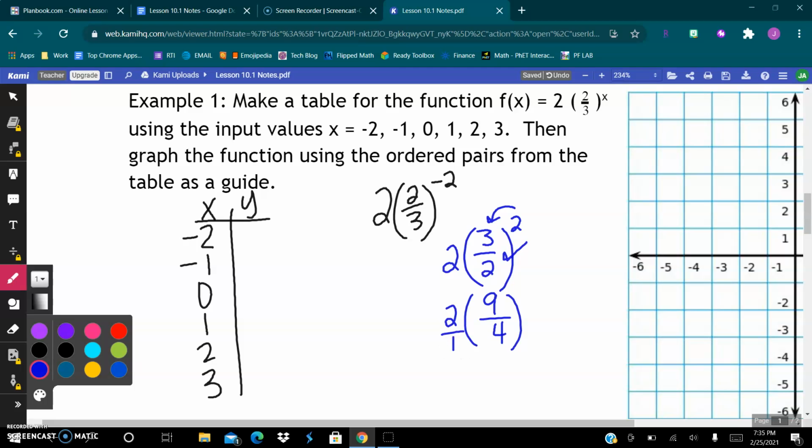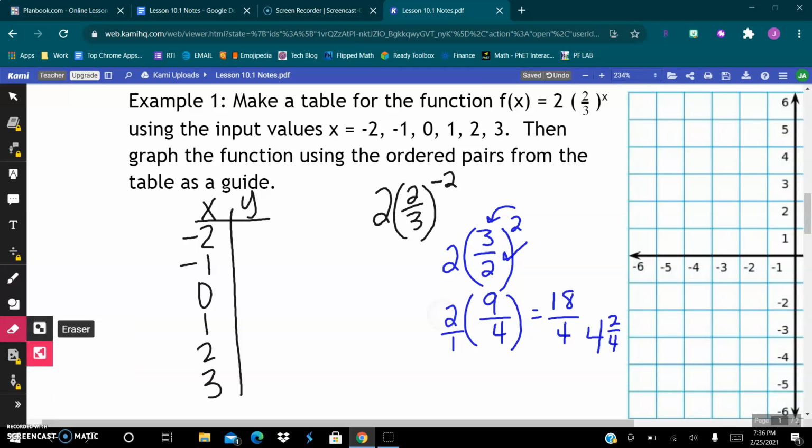So 2 times 9 is 18, and then 1 times 4 is 4. 4 goes into 18 4 times. That takes us to 16, and with 2 left over, so 2 fourths. So 4.5 is our answer here. So if you had to do it by hand, you would flip that fraction, square both numbers, and then times it by 2. So this answer here is 4.5.